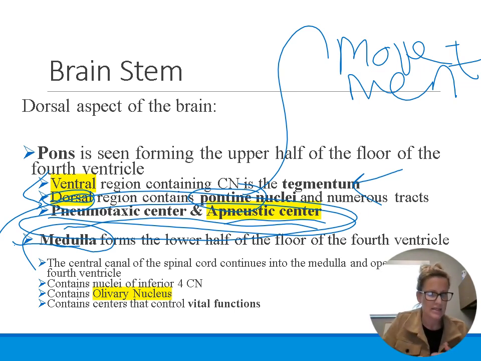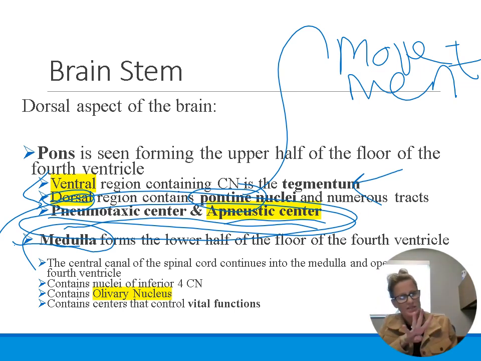It has multiple nuclei that are connected to the last 4 cranial nerves. So cranial nerves 9, 10, 11, and 12 have their nuclei in the medulla oblongata. So it has functions related to all of the functions of cranial nerves 9, 10, 11, and 12, which, remember, includes cranial nerve 10, the vagus nerve.